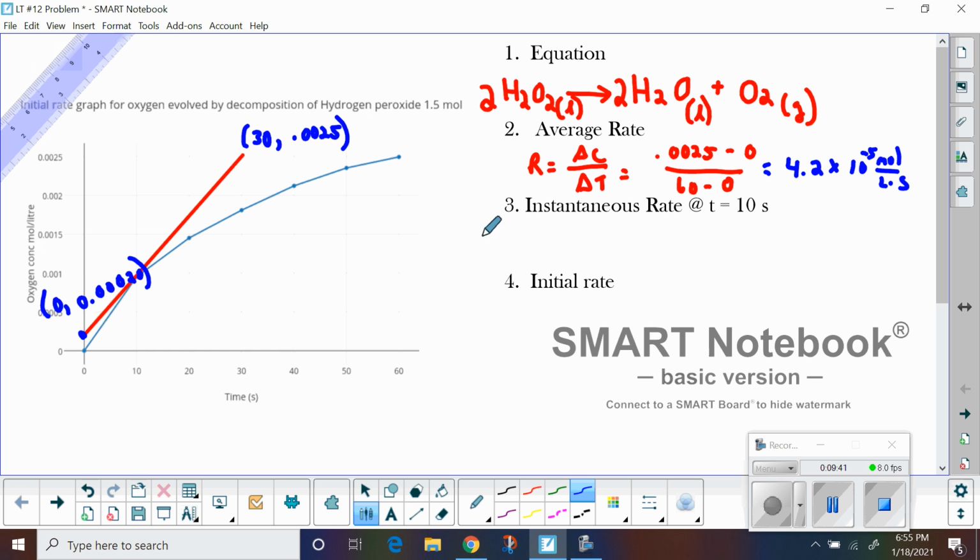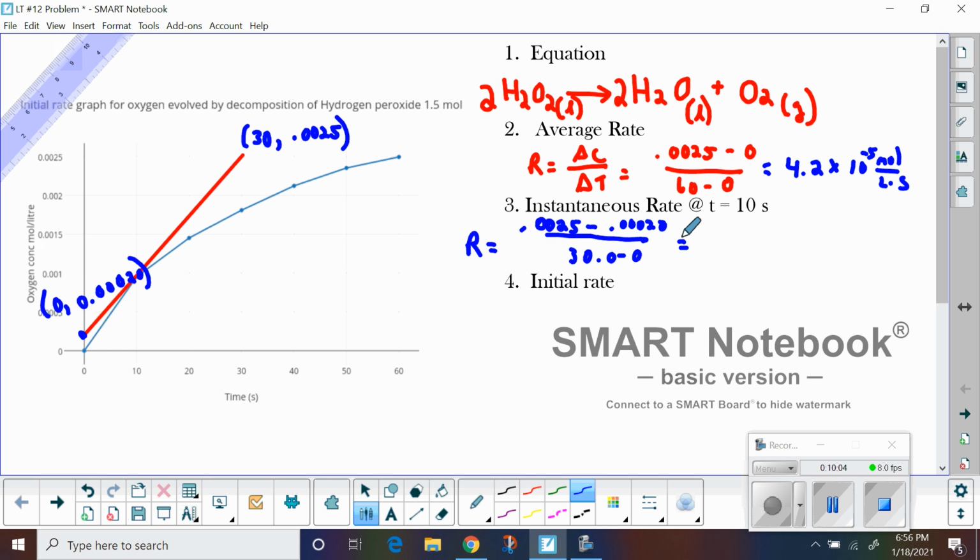So at 10 seconds, I'm going to find my rate, change in concentration divided by change in time. So I'm going to do 0.0025 minus 0.00020, all divided by 30 minus 0.